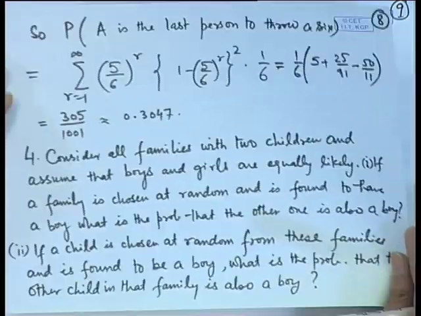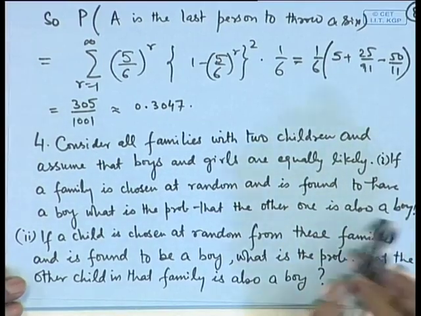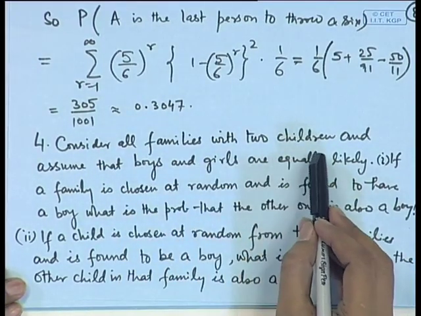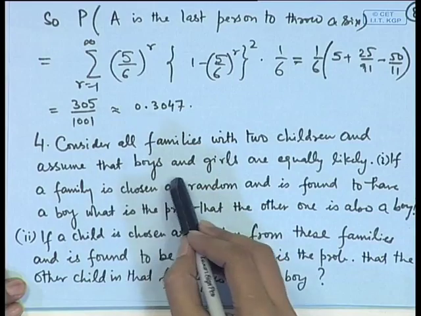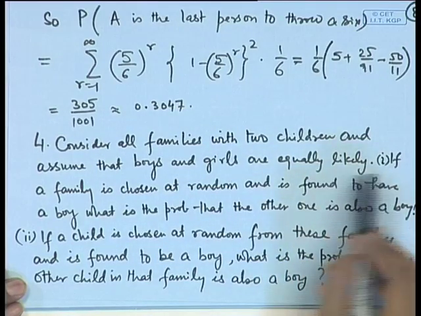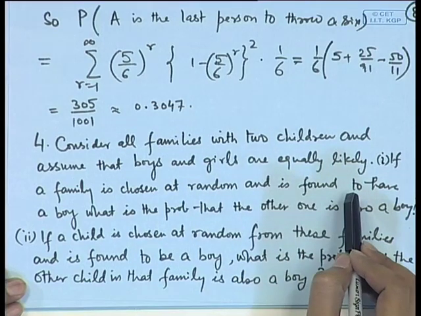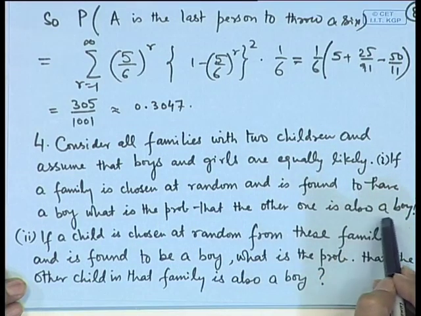Let us look at some applications of the conditional probability now. Consider all families with 2 children and assume that boys and girls are equally likely. If a family is chosen at random and is found to have a boy, what is the probability that the other one is also a boy? This is one part of the problem.